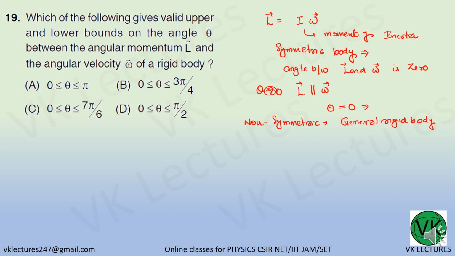this L and omega are not parallel, but we know that L dot omega equals magnitude of L into magnitude of omega times cos theta. Now we need to find cos theta. Cos theta equals L dot omega divided by magnitude of L into magnitude of omega, and this value cannot be negative.